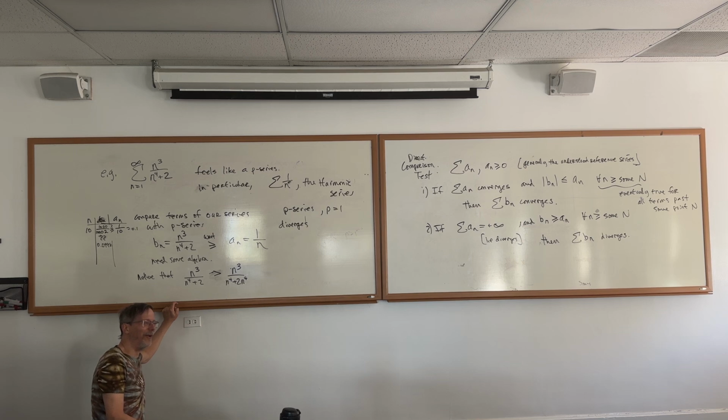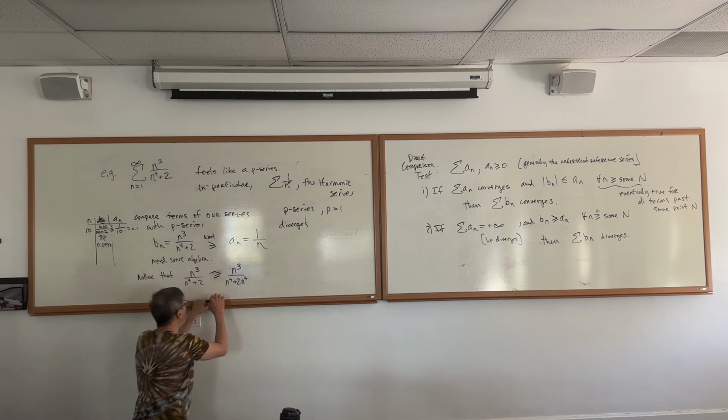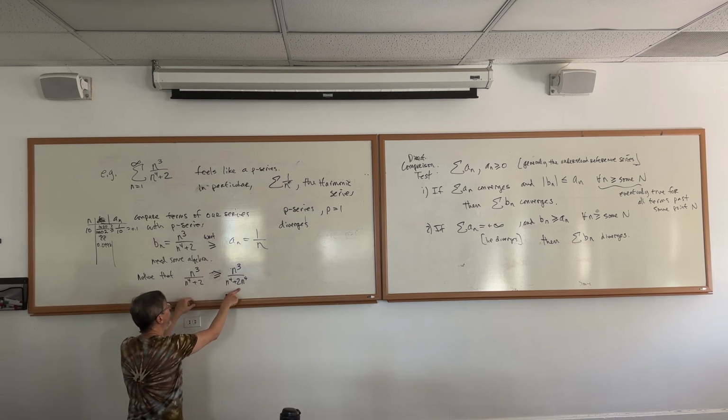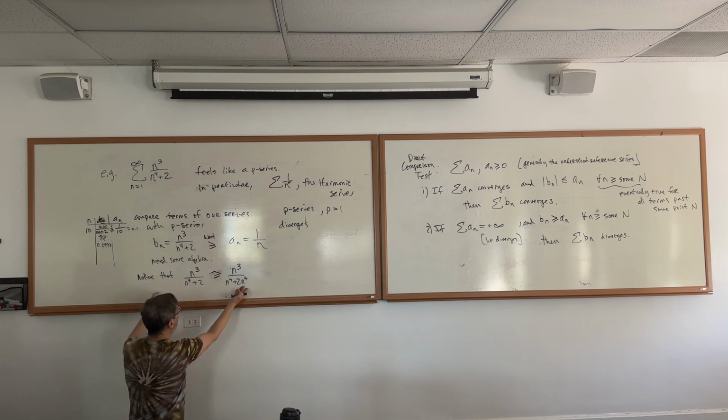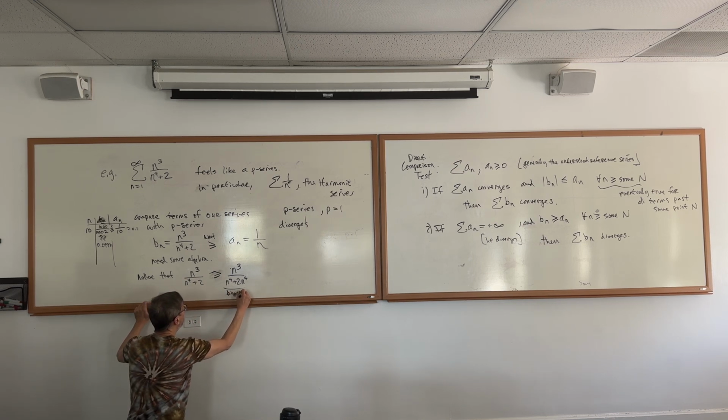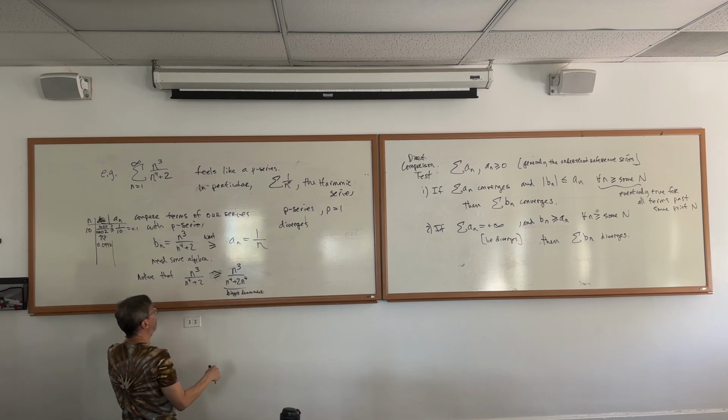Why is that so? Your denominator is growing faster. Yeah, I made the denominator bigger, right? So as soon as n is bigger than 2, it's equal when n equals 1, but past that, I just made the denominator bigger. So that definitely has to be true.